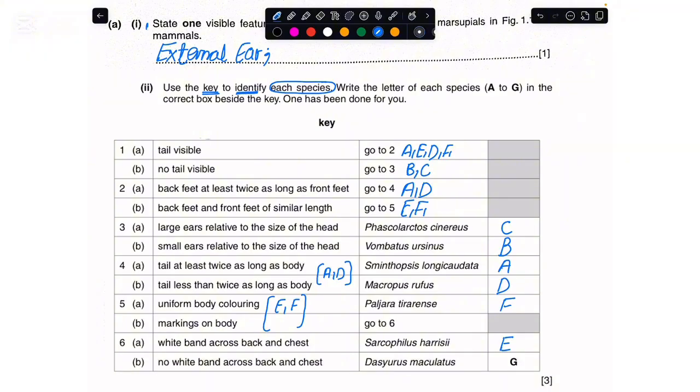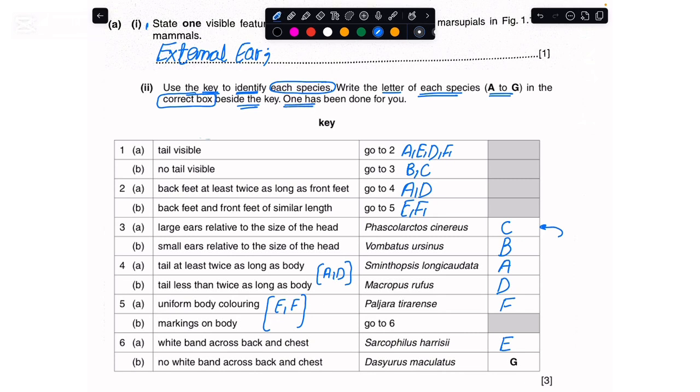And then they say you are required to write the letter of each of the species that is given from A to G into their correct box beside the key. So here they have given you the box at the end where we have to identify each of the marsupial species, and then we have to write the letter for them.